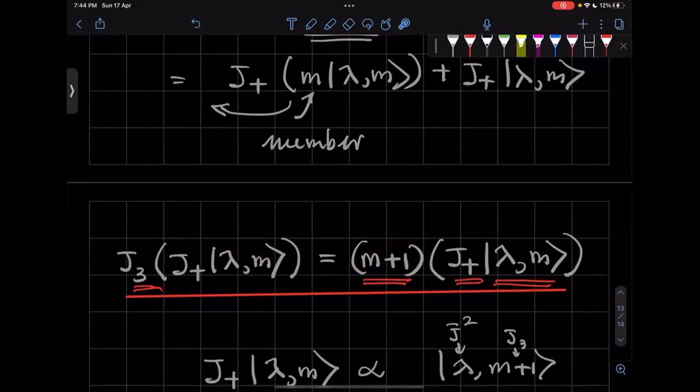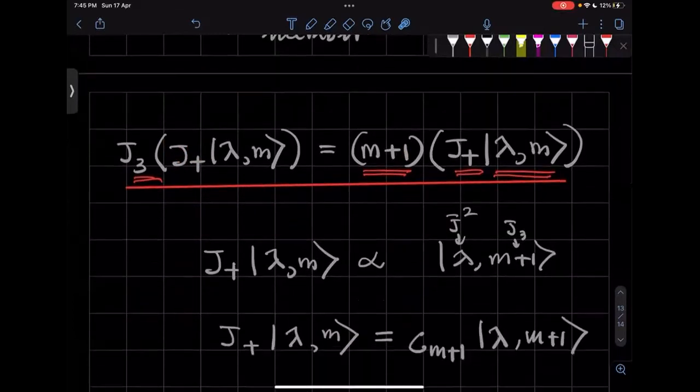Yeah. But this whole state with J plus acting on this is a different state, right? Yes. That state has J3 eigenvalue m plus 1. Yeah, that makes sense. So the effect of applying J plus is that it increases the eigenvalue by 1. It takes us to a new state with a different eigenvalue. Oh, I get it.